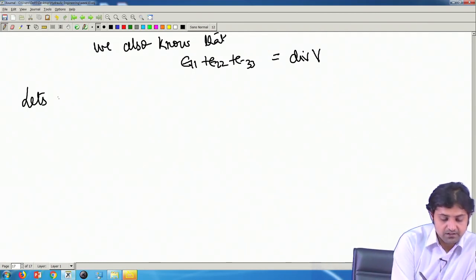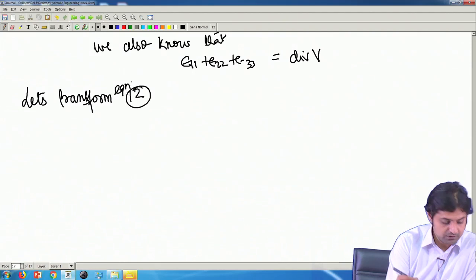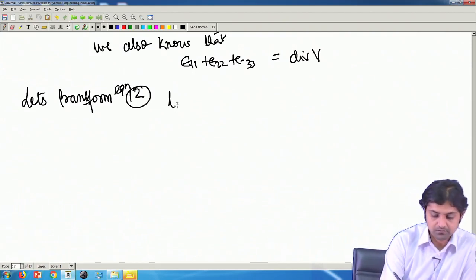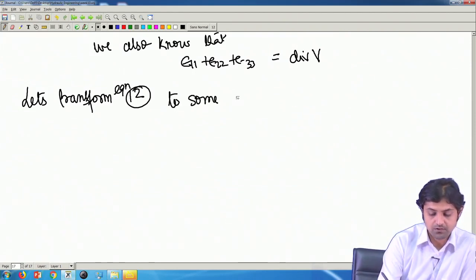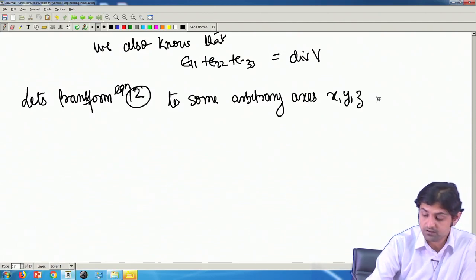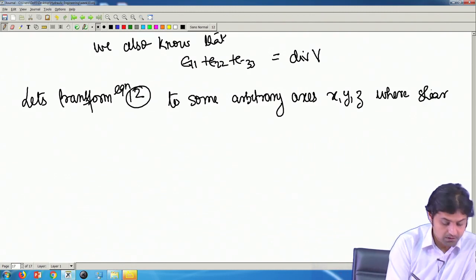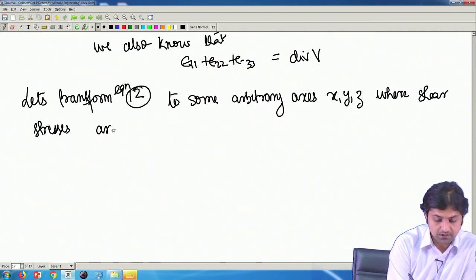So let's transform equation number 12 to some arbitrary axis x, y, z where shear stresses are not 0.